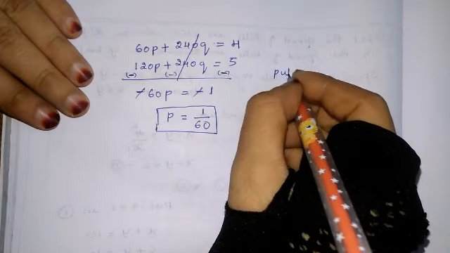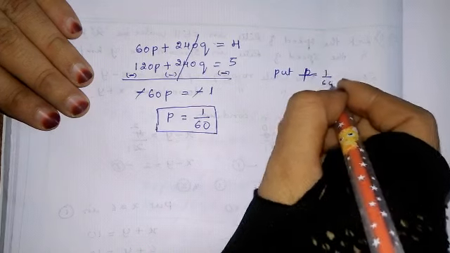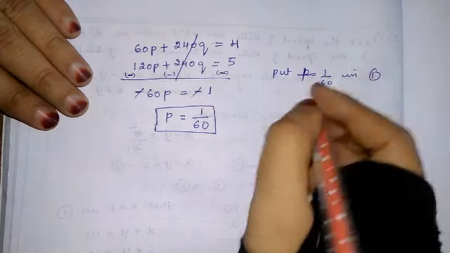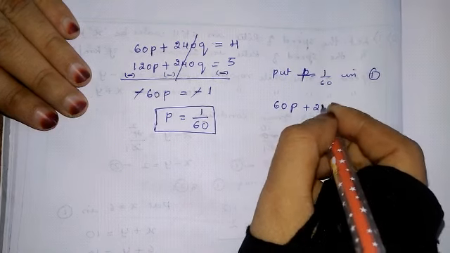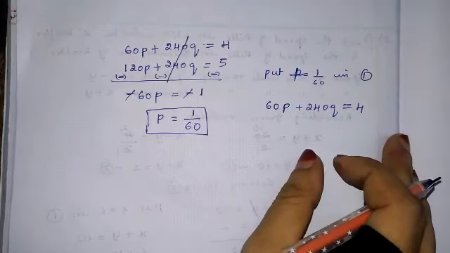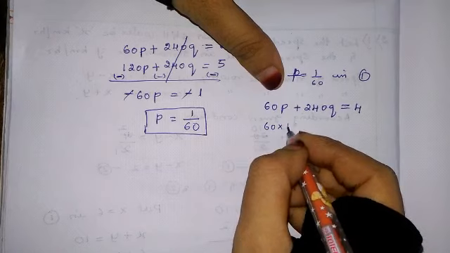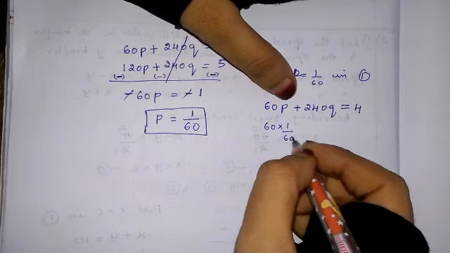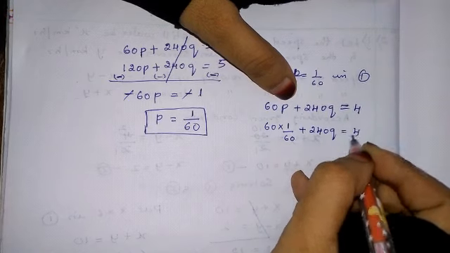So put p is equal to 1 by 60 in equation 1: 60p plus 240q is equal to 4. 60 into 1 by 60, the p value, plus 240q is equal to 4.